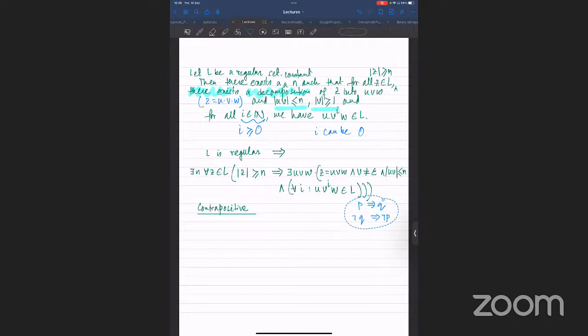So what is the not P here? L is not regular, so we write that L is not regular. That part is clear. What about this part? Can you try writing it? For all N, there exists a Z belonging to L, then what?